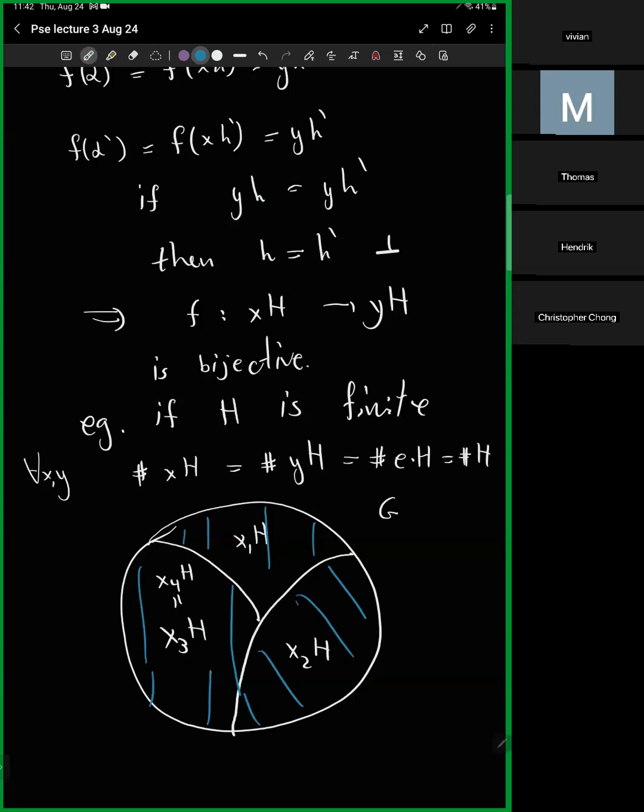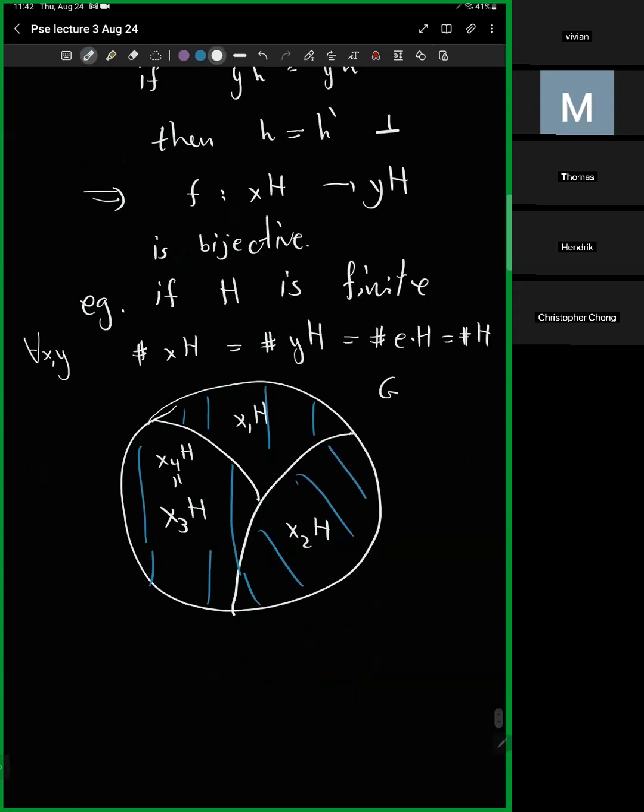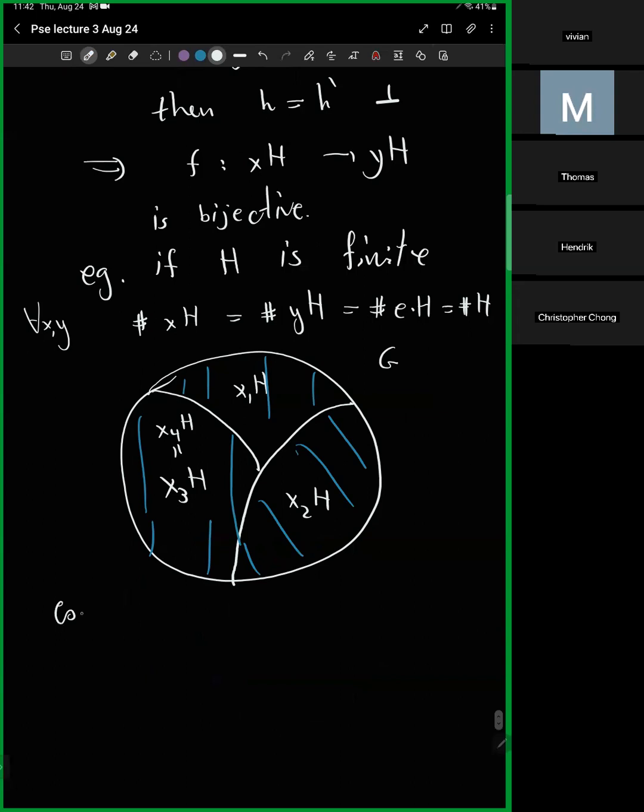Okay, and there is an immediate corollary for this. This is called Lagrange theorem.